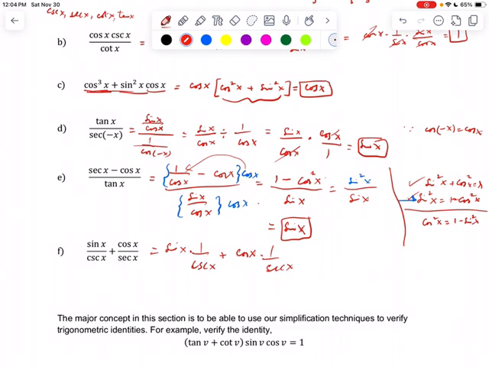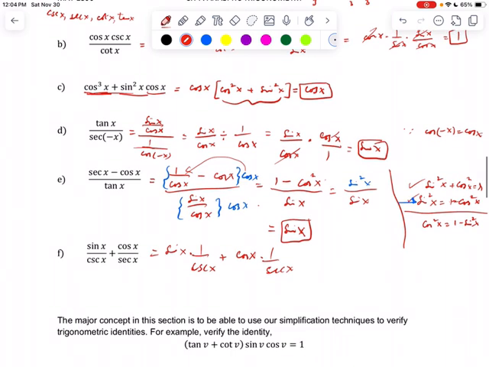But 1 over cosecant is sine x, and this thing is cosine x, so that our expression becomes sine x times sine x plus cosine x times cosine x, which is equal to sine square x plus cosine square x. But what is that? That is equal to 1.